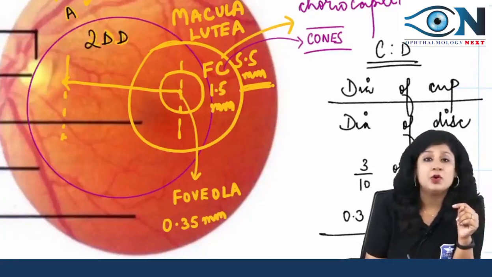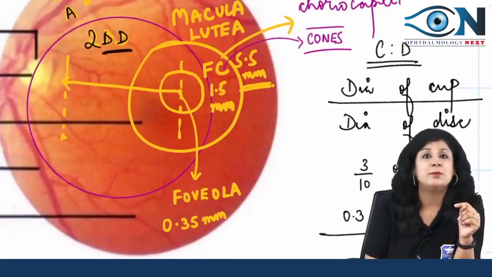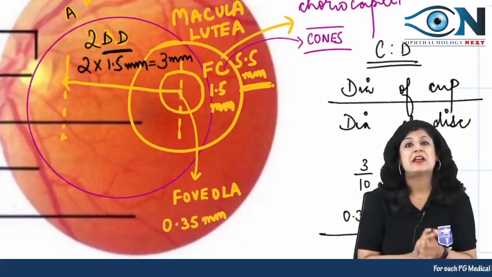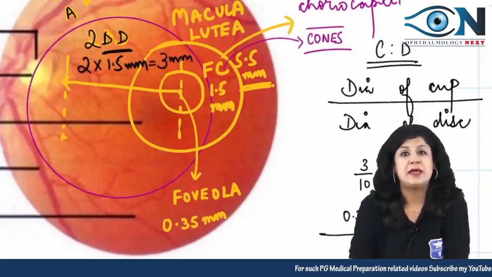Now, you already know that 1 disc diameter is 1.5 mm. So, 2 into 1.5 mm gives us actually 3 mm. So, this area gives me total of 3 mm.